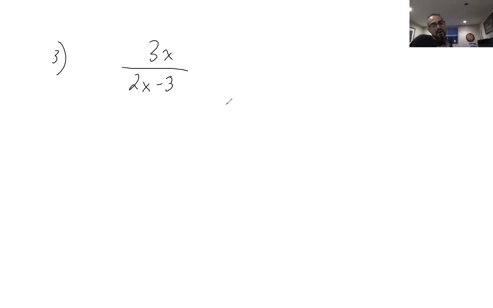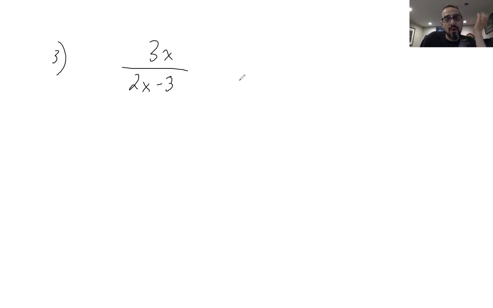So, let's do one more example, okay? Let's say we had 3x over 2x minus 3. Perhaps the answer to this is not as obvious as the previous examples, because they were just whole number, or integral examples, excuse me. This one is going to turn out to be a rational number.